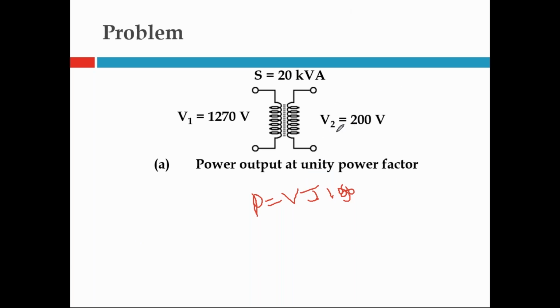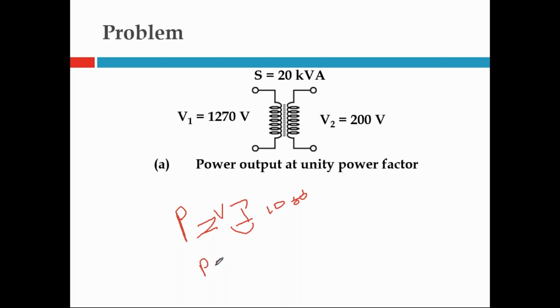What is the value of power here? The formula is P equals VI cos phi, and VA is the apparent power, right?